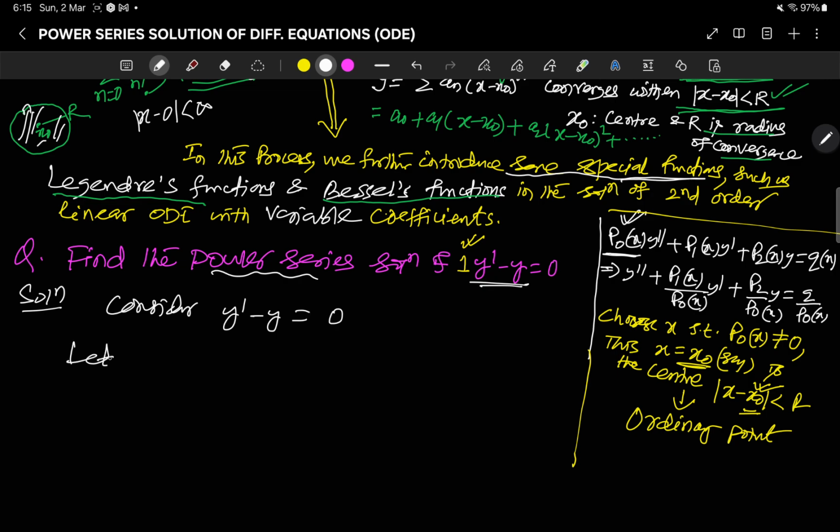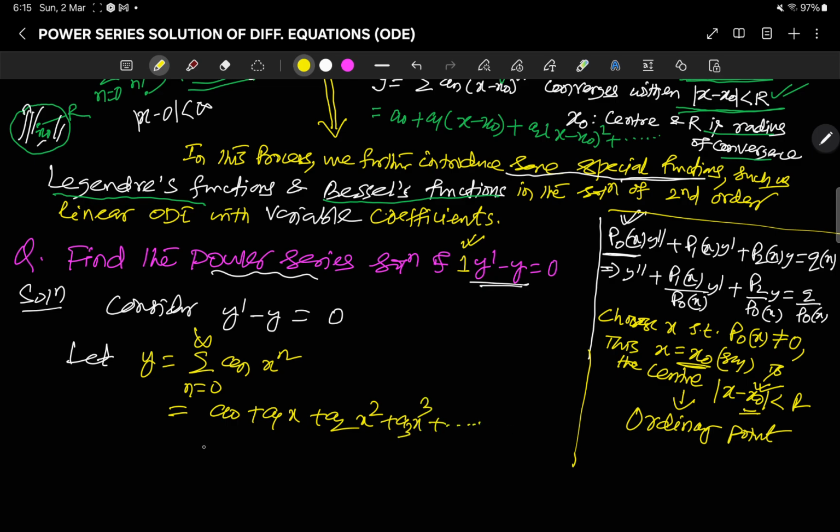Let y be equal to the summation of an x to the power n, n equal to 0 to infinity. That means a0 plus a1x plus a2x square plus a3x cube plus so on, be the power series solution.